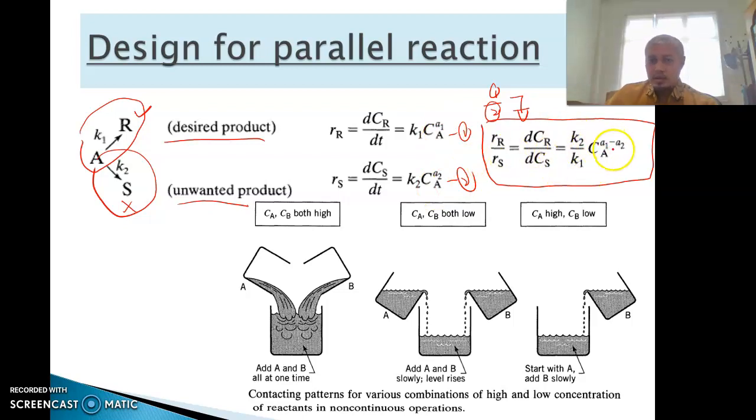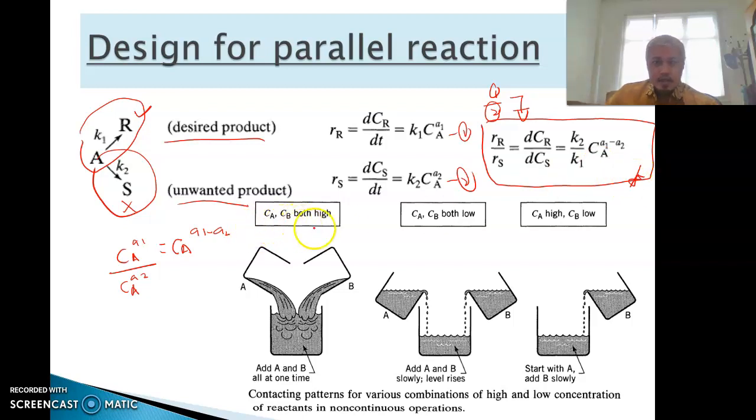But this one we can simplify and make it as A1 minus A2, because Ca to the power of A1 over Ca to the power of A2, we have learned during our secondary school: anything involving power, we can simplify as long as it is the same concentration of A, the same base I mean. So we can do like this, A1 minus A2. That's why we got this part.